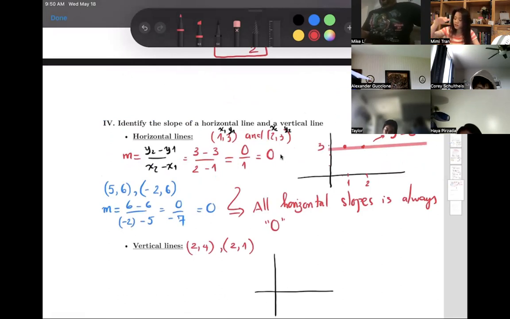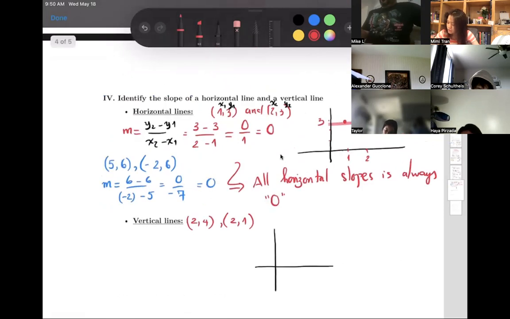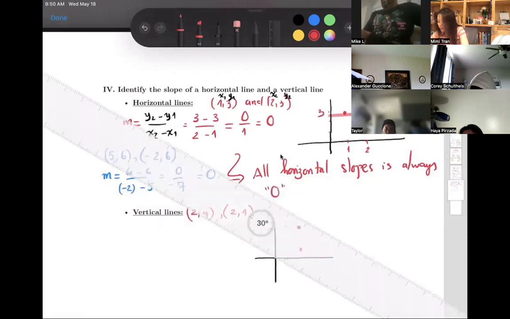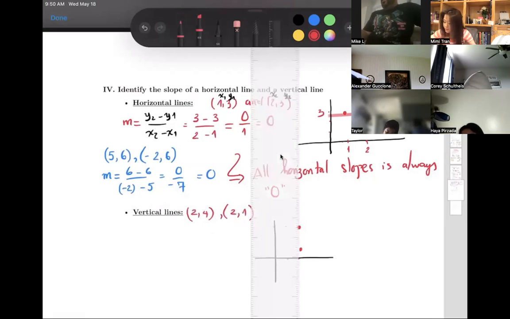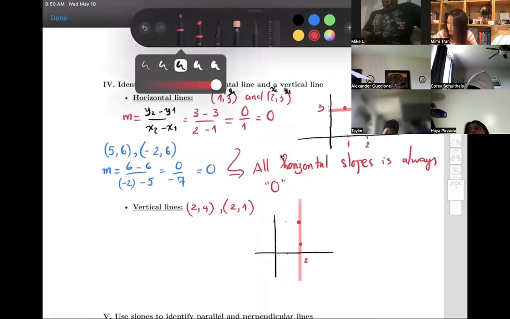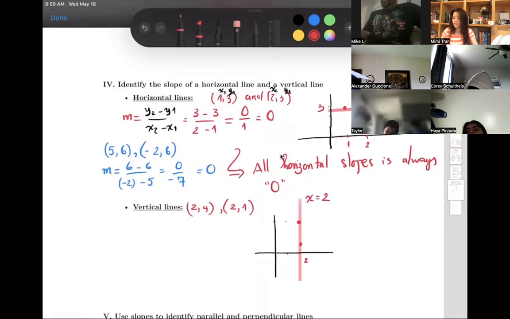Just think about which axis it cuts. So 2, 4 right here, and then 2, 1 right here, and then connect the dots and extend it out, of course. That's the vertical line, right? Because it goes through 2 on the x-axis, it's x equal 2. That line is x equal 2.